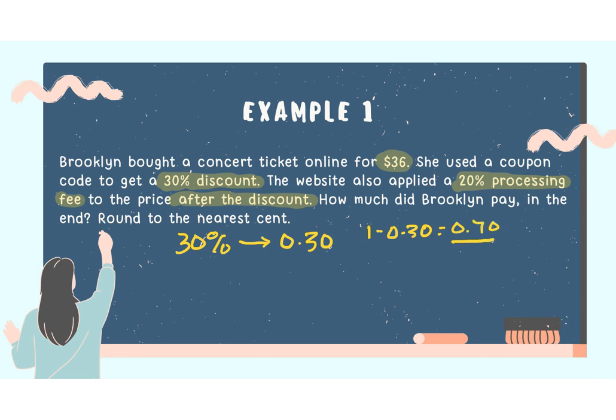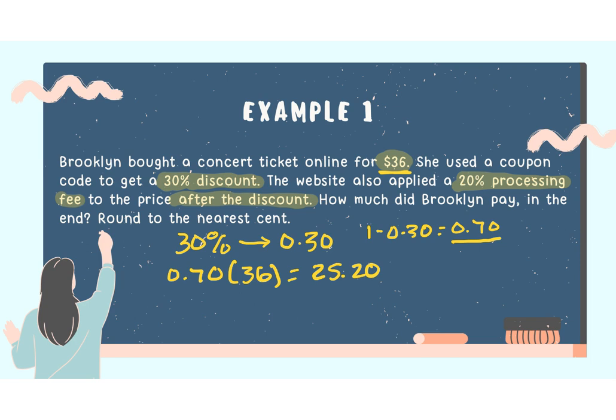I'm going to take this number, multiply it by our original amount of $36, so 0.70 times 36, which gives me a total of $25.20, which would be how much I would pay after the discount.